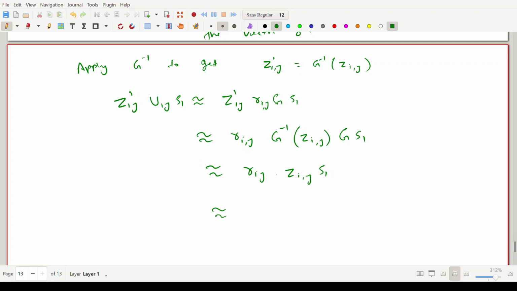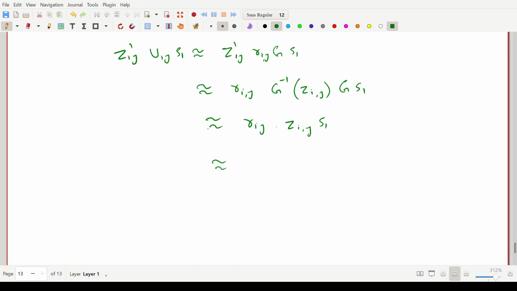Okay, which is similar to your delta. It will be similar to rij delta, because if you observe, s1 was minus t1 comma 1, and your Zij is all the elements 0 except the last column, that is delta. So delta will be multiplied by 1. I will be having this delta side.